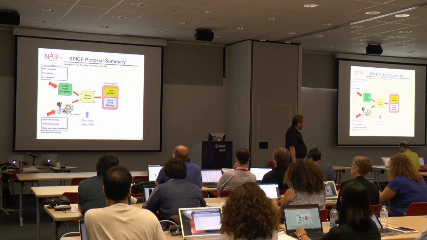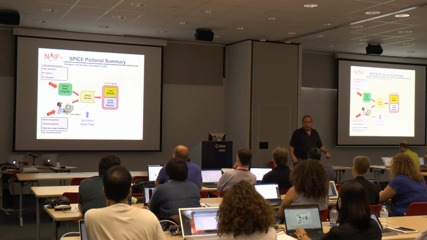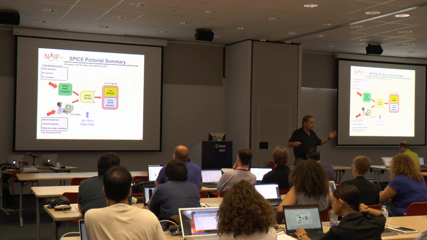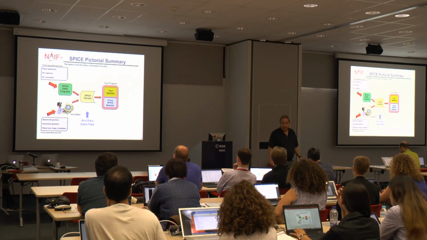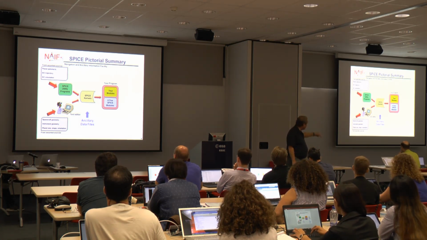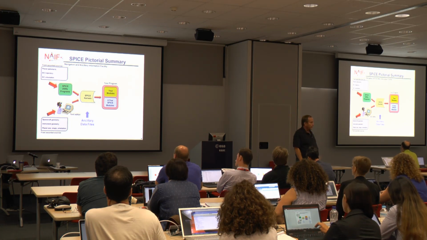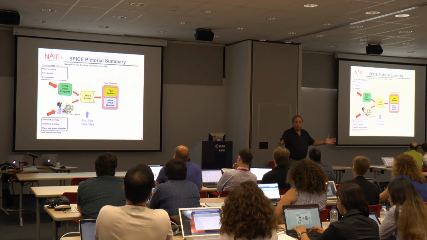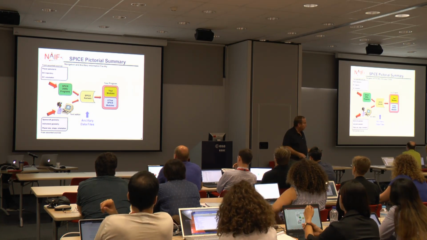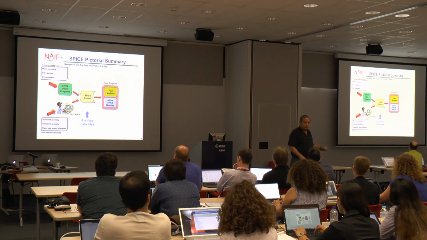Once you have those kernels, you've got to do something with them, because you want to compute latitude, longitude, lighting angles, whatever. So you have to write a program, and that's what we're going to be teaching you about today mostly. You're going to write this red program, and it'll have mostly, not in this class, but in the future, your own modules, your own subroutines, and a few SPICE toolkit subroutines.